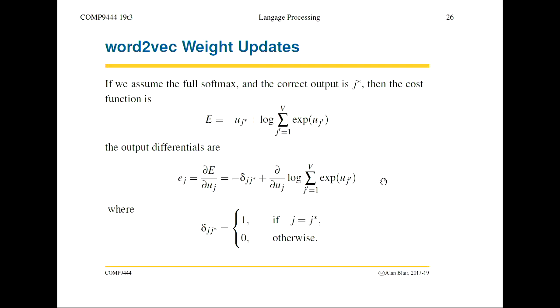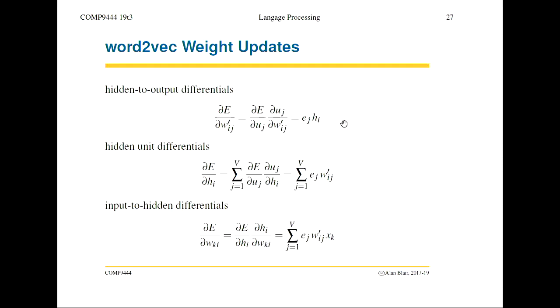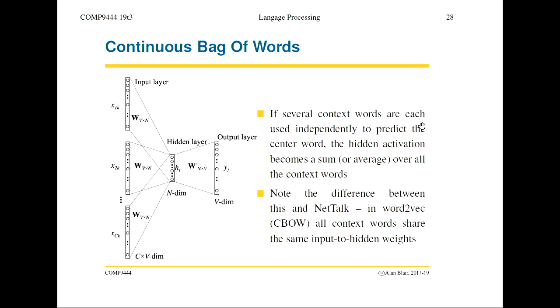In fact, the correction here is proportional to the probability that's been assigned to that incorrect word. And then, again, this is just differentials of linear functions. So this can all be trained quite straightforwardly.